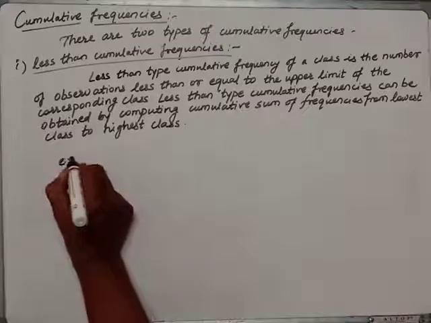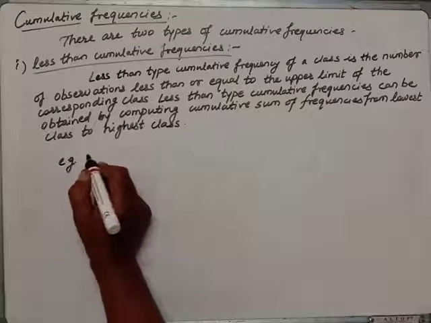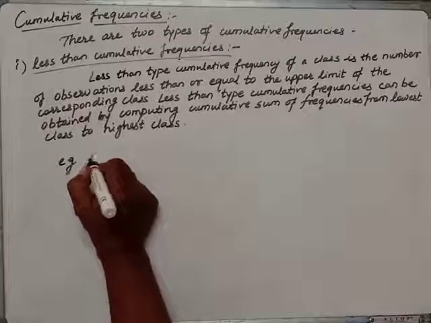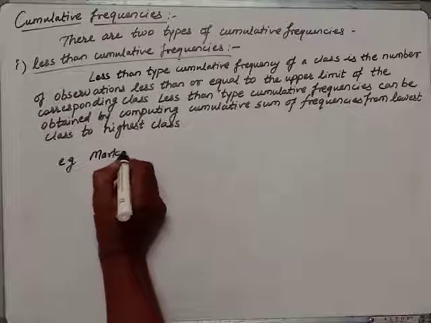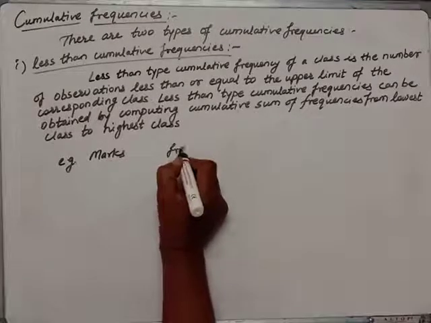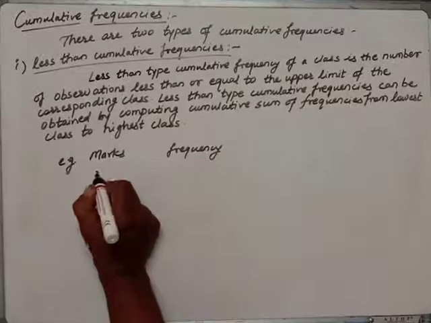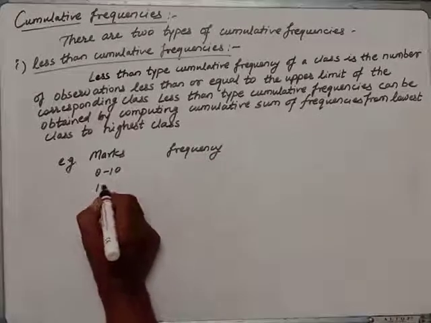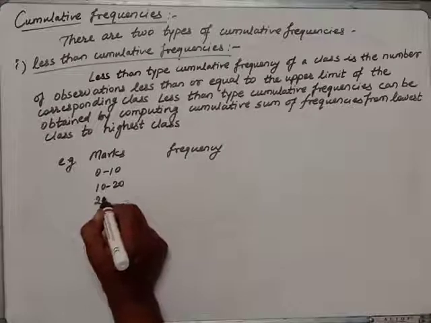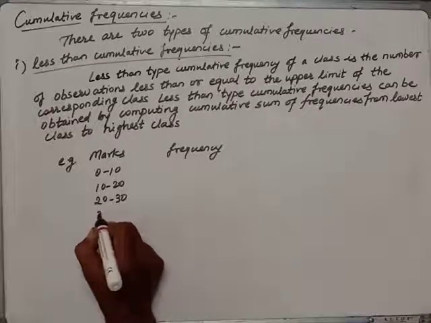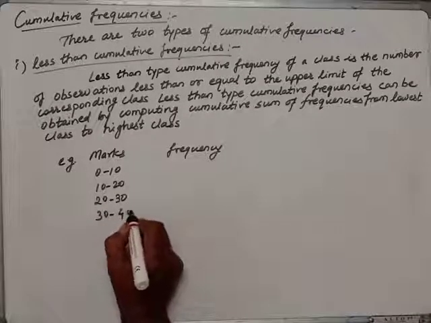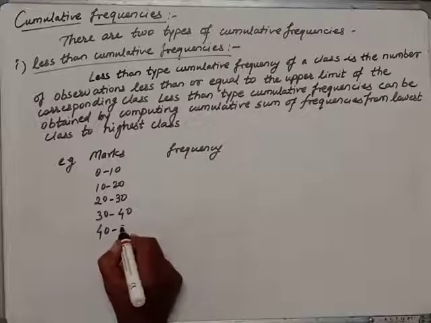For example, suppose I have marks and frequency. So marks between 0 to 10, 10 to 20, 20 to 30, 30 to 40, 40 to 50 suppose.